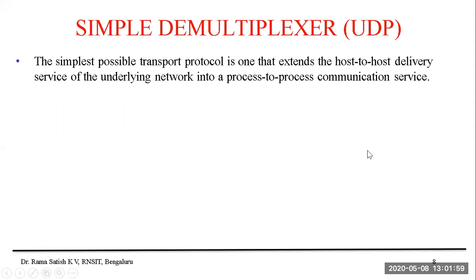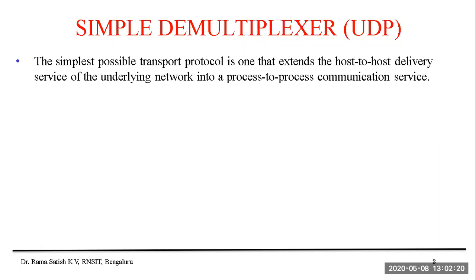Okay, first of all, let us see what UDP is used for. It is the simplest possible transport protocol, which extends the host-to-host delivery service of the underlying layers into process-to-process communication.